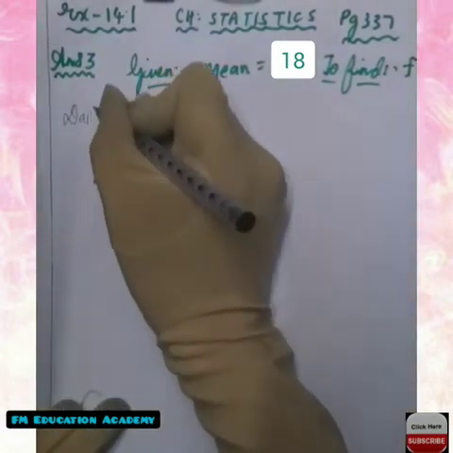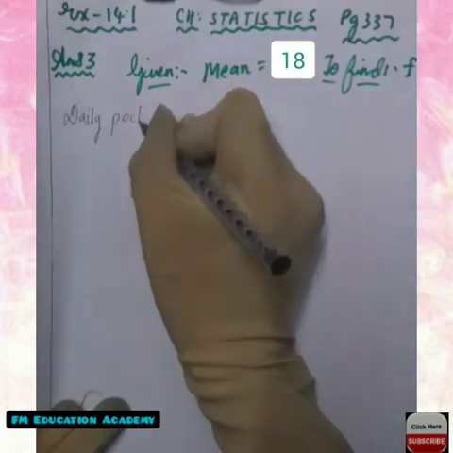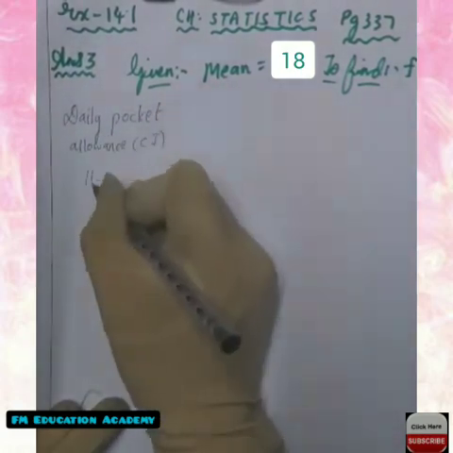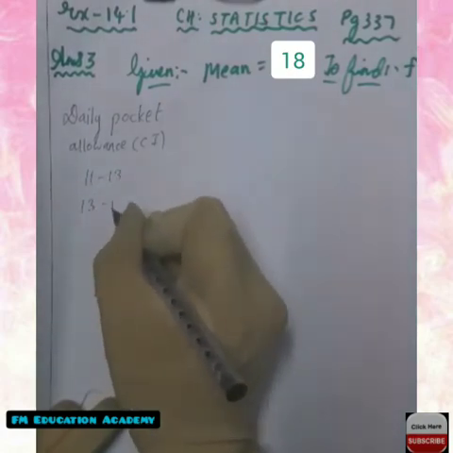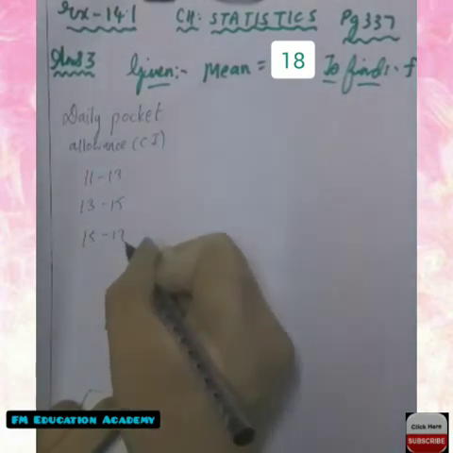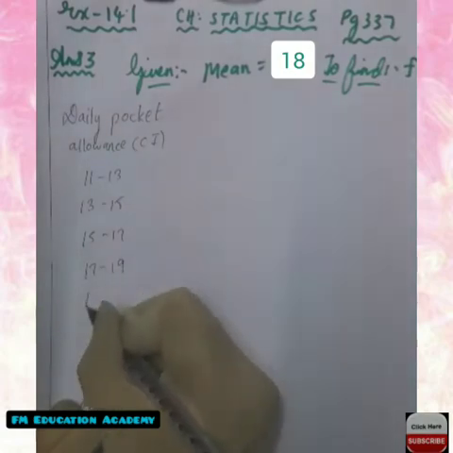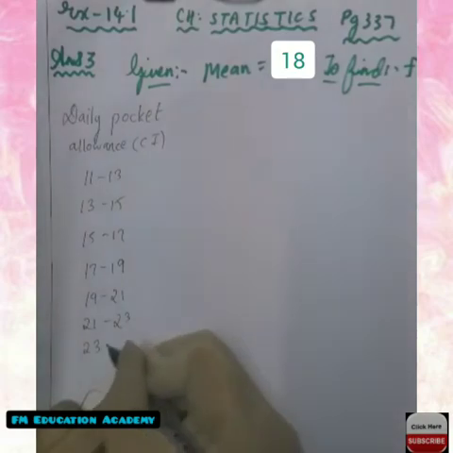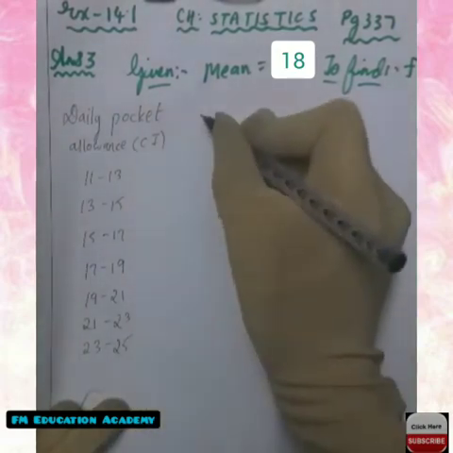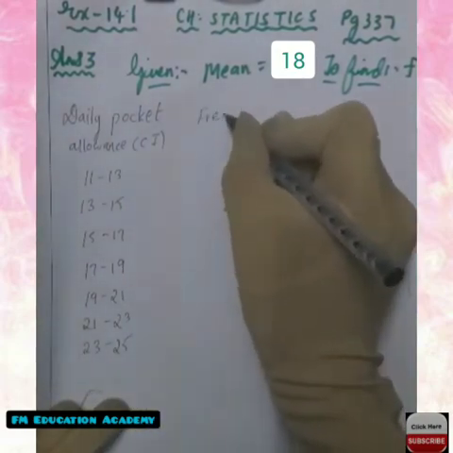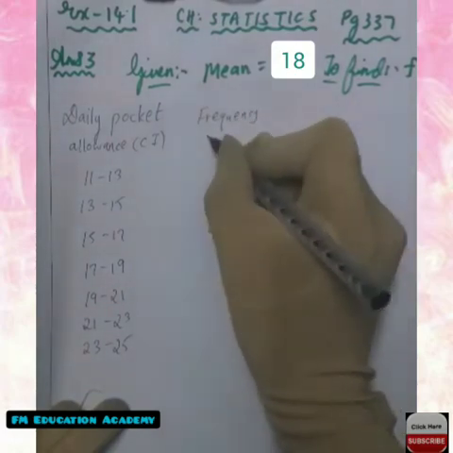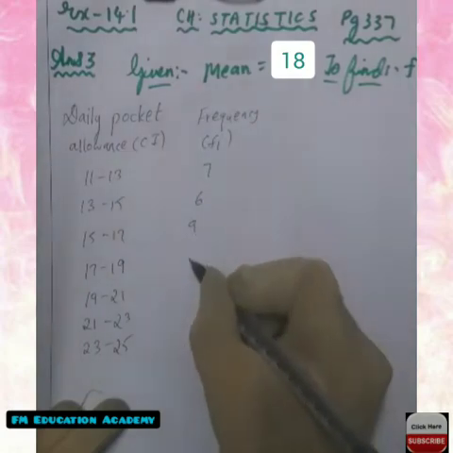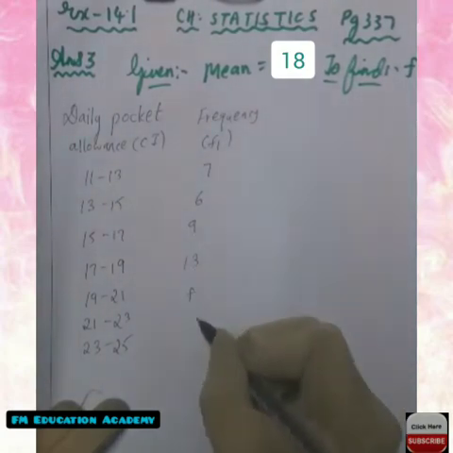Daily pocket allowance, that is class interval, is given as 11 to 13, 13 to 15, 15 to 17, 17 to 19, 19 to 21, 21 to 23, 23 to 25. And the number of children, that is frequency fi, is given by 7, 6, 9, 13, f, 5 and 4.